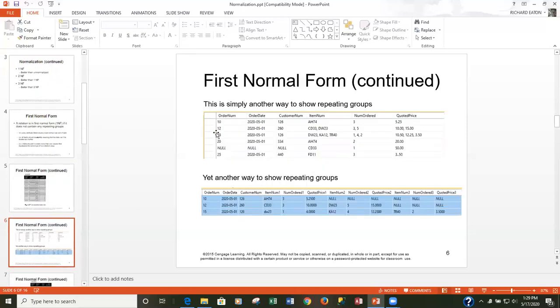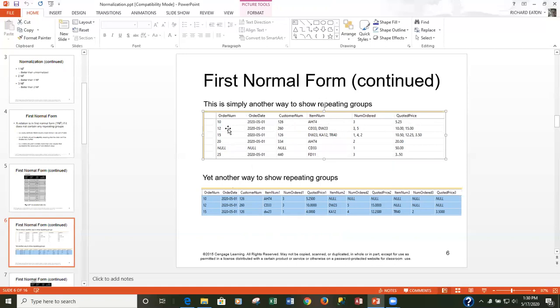Here's another example of how one might decide that would be a solution. They could say, well, let's do this. For this order number 10, let's make an item number column and a number ordered column and a quoted price column.